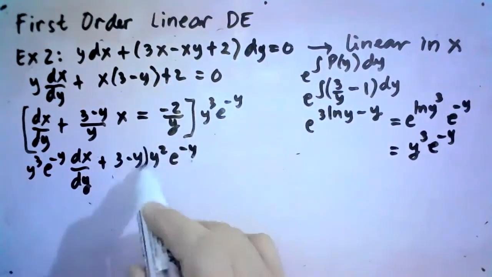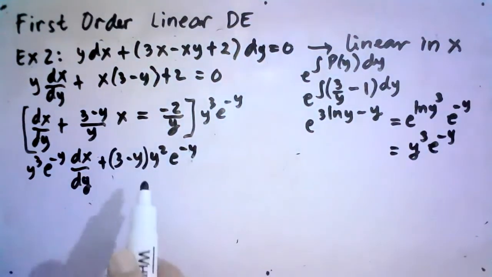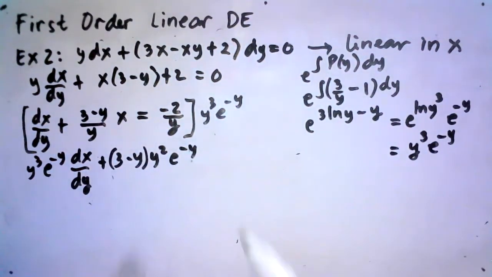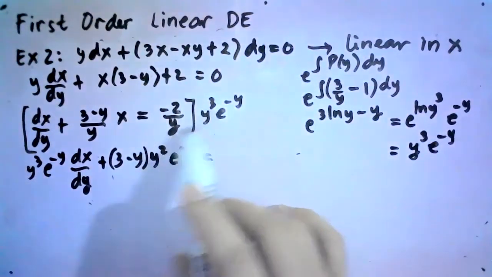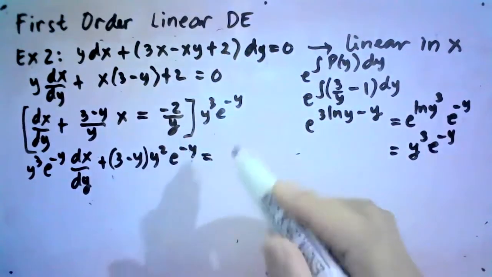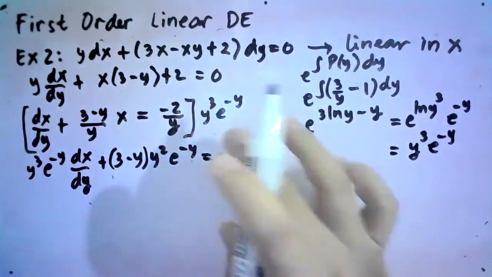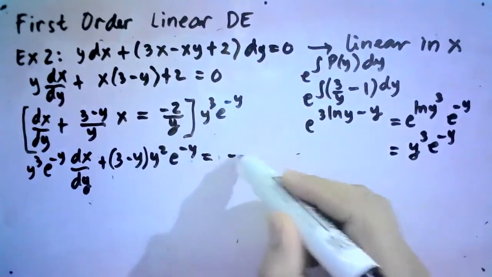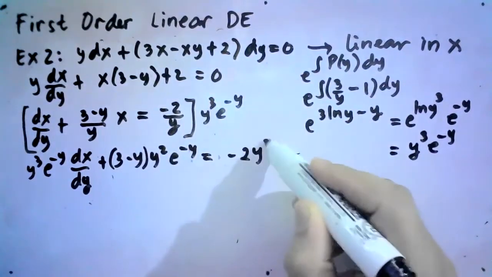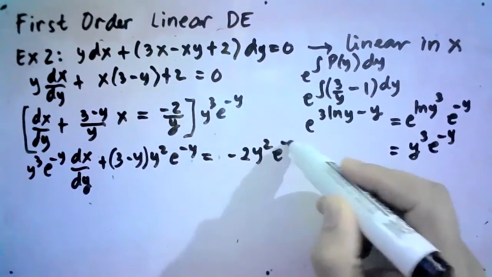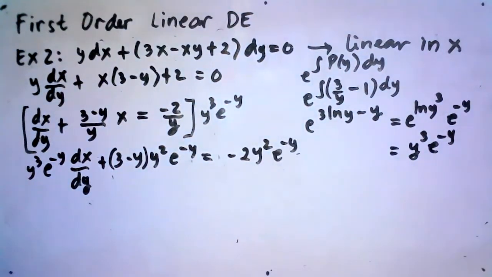Okay, so we have this one, y squared e negative y, which is equivalent to, we cancel y cubed and y, the result here is negative 2y squared e negative y. That is now the result.